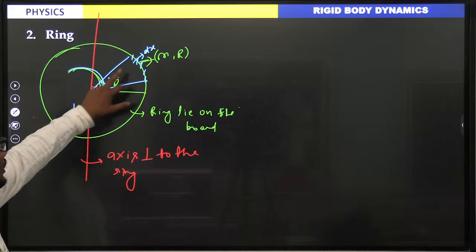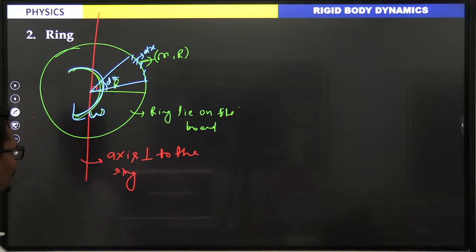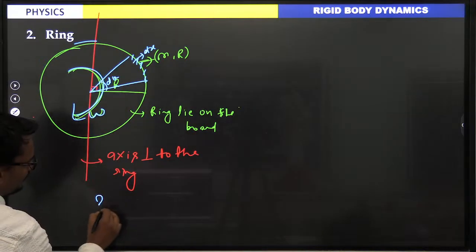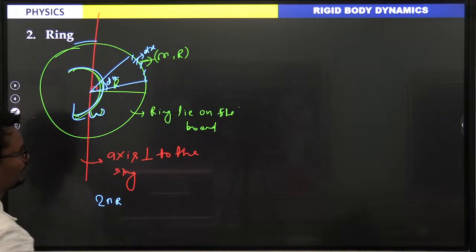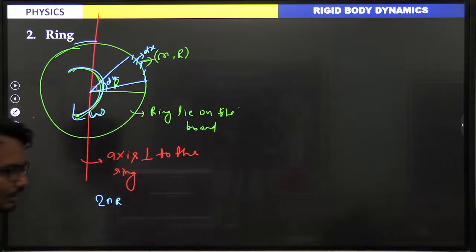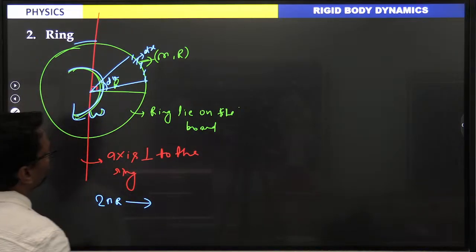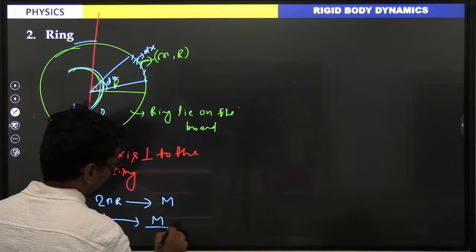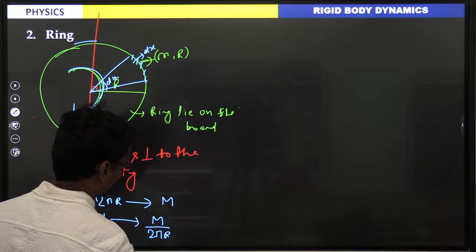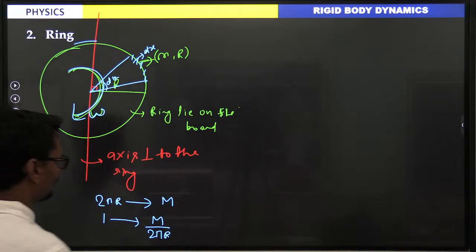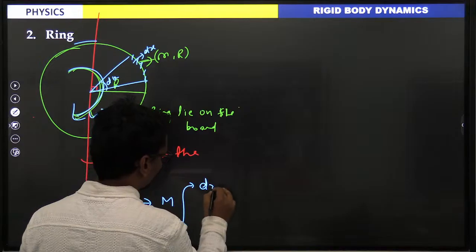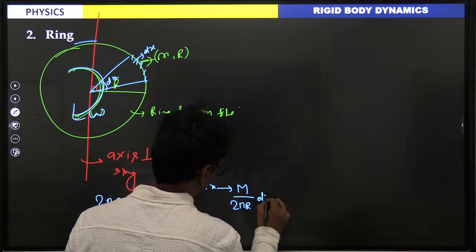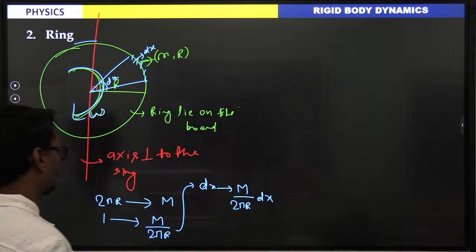The complete circumference is 2 pi r, and in 2 pi r the mass is m. But in length dx the mass is m by 2 pi r into dx. I think this is clear to all of you.